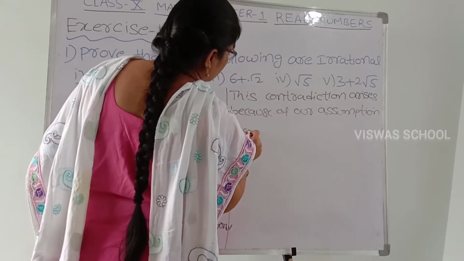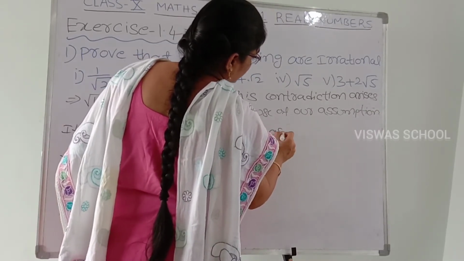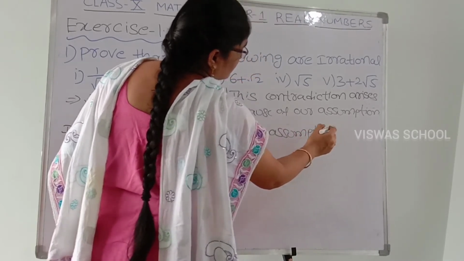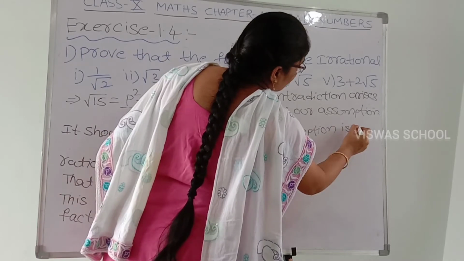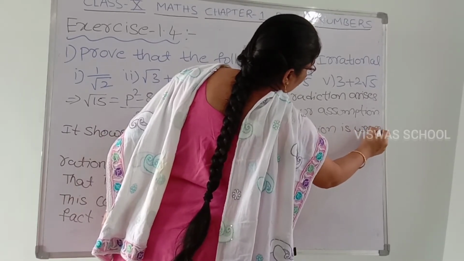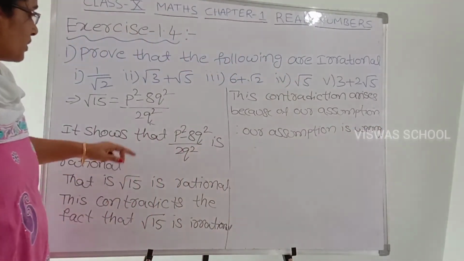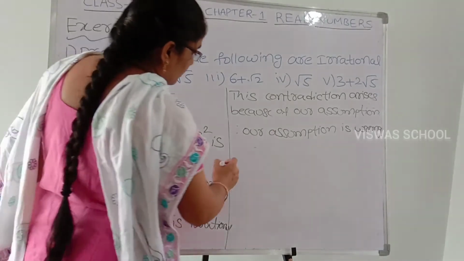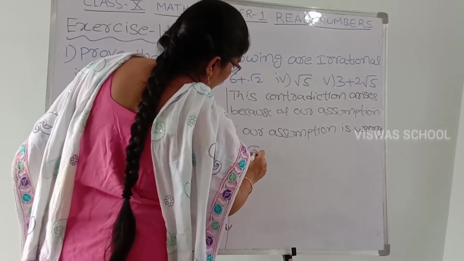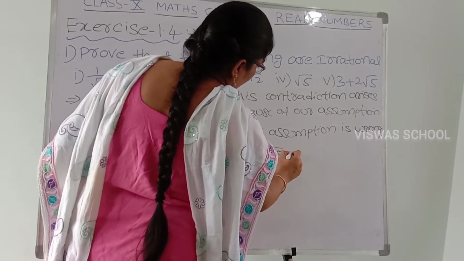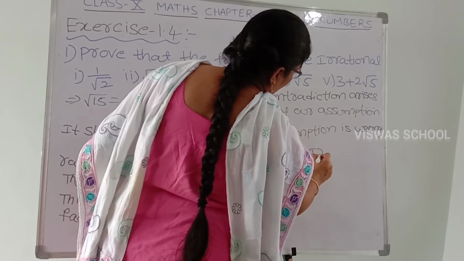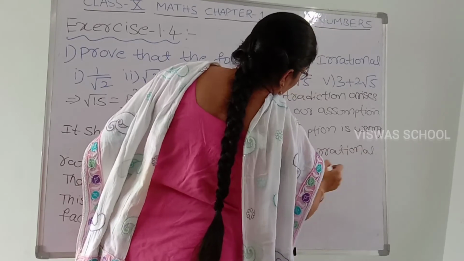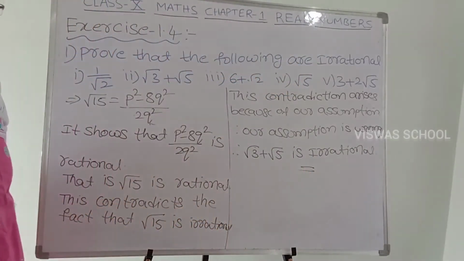Therefore, our assumption is wrong. Our assumption is wrong means what here? Root 3 plus root 5 is an irrational number.